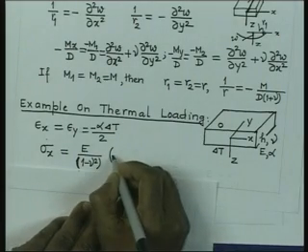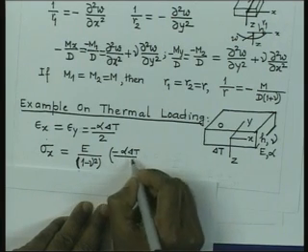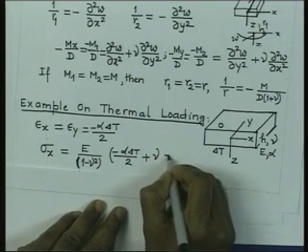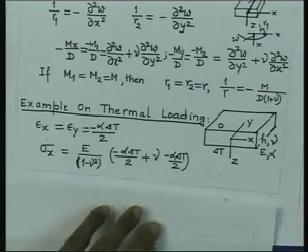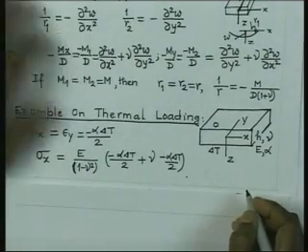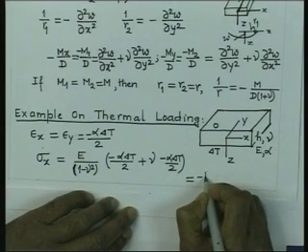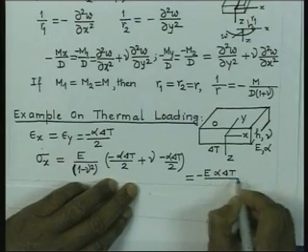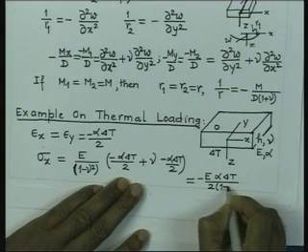So, it is minus alpha delta T by 2 plus nu times minus alpha delta T by 2, and therefore, what we find is that this is nothing but minus E alpha delta T, this 1 plus nu will cancel and therefore, we will be left with 1 minus nu.